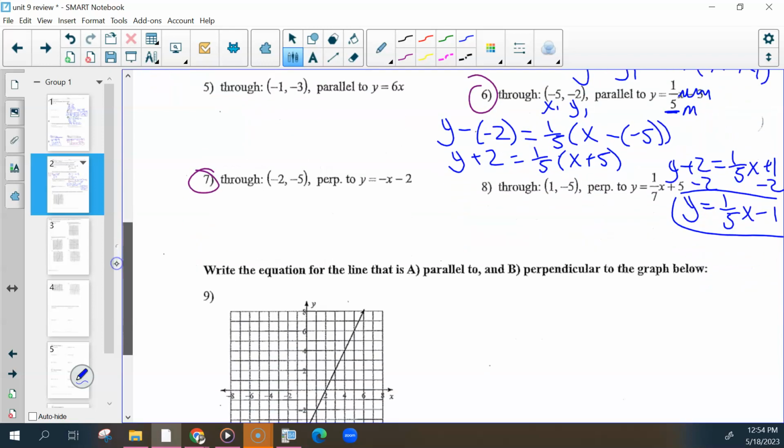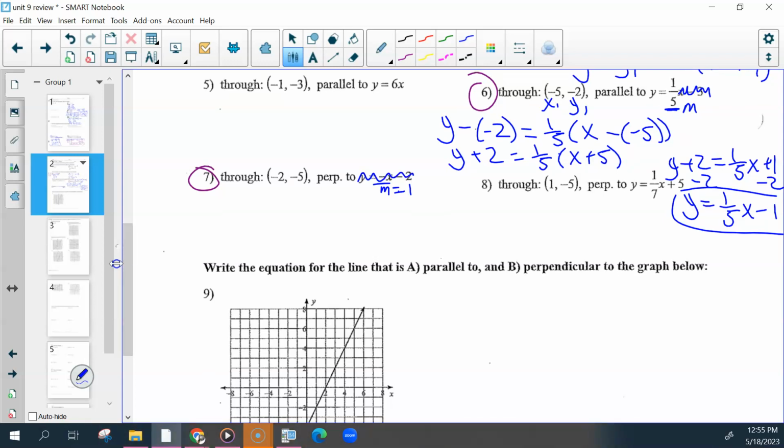7 is similar, except we have to change the slope. It was negative 1. What would our new slope be if we took it, flipped it, made it positive? Positive 1? You can really cross out that entire equation. You don't need it. But now you have your slope. You have x1, you have y1, and you can go on with the formula.